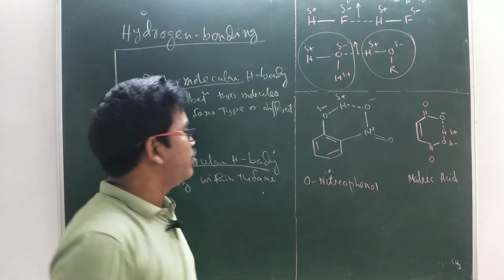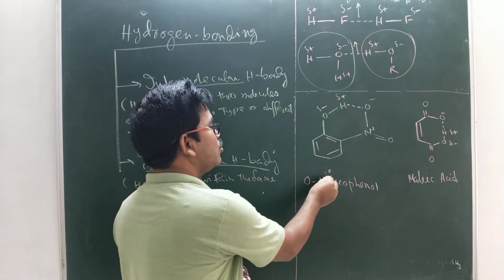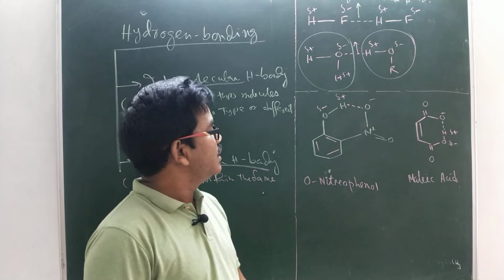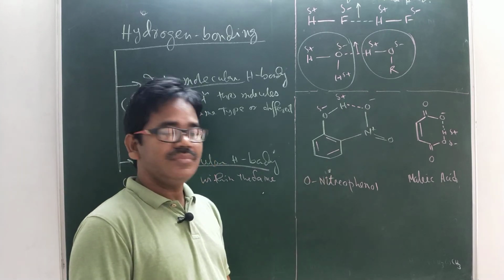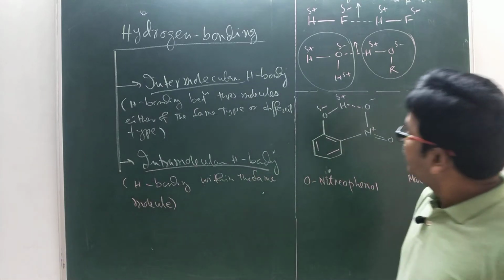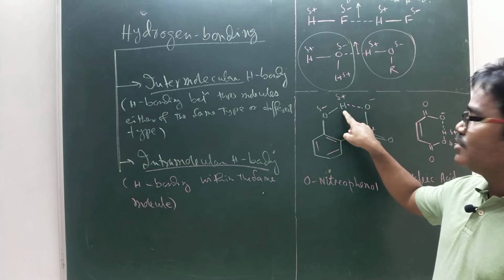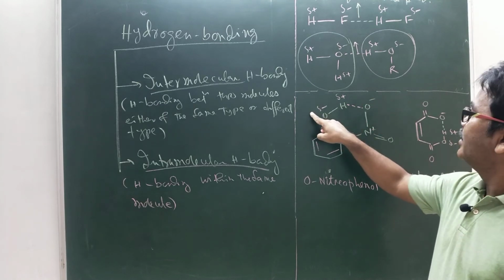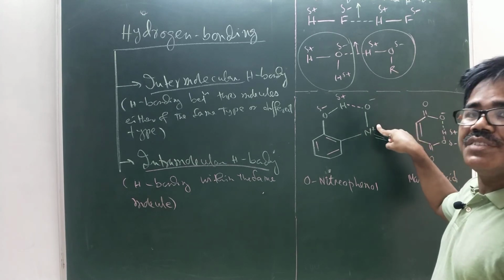Within the same molecule. For example, if I consider this orthonitrophenol, this molecule is called orthonitrophenol. These are organic compounds. Here you see a hydrogen-oxygen bond is present. This hydrogen is positive, oxygen is negative. Similarly, in the nitro group, oxygen is negative, nitrogen is positive.